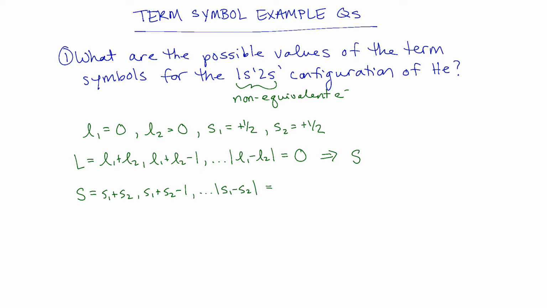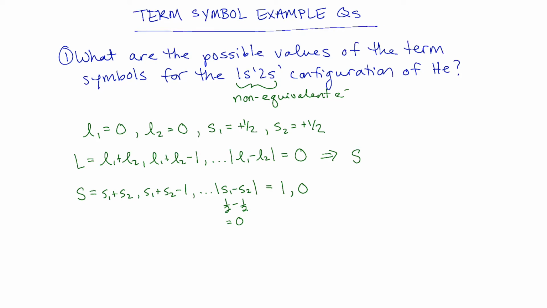So there we would get options of 1/2 plus 1/2 is 1, and then we can go 1/2 plus 1/2 minus 1 is 0. Let's double check where we truncate: 1/2 minus 1/2 equals 0. So that's as far as we're going to go. Remember, no negative values should pop up for either your S or your L when you're finished.